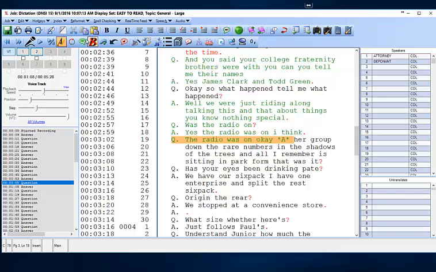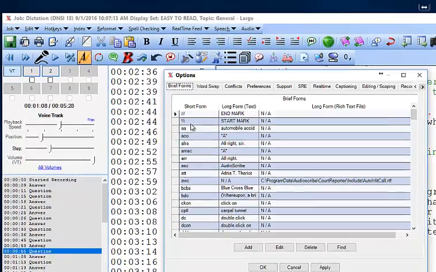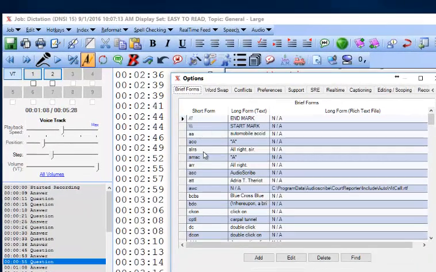To add a brief form, we would go to our options here in the upper left hand corner, and click on it one time. These are all of our brief forms. As you can see, I've added one for ACO, one for AMAC, same as for QCO and QMAC.